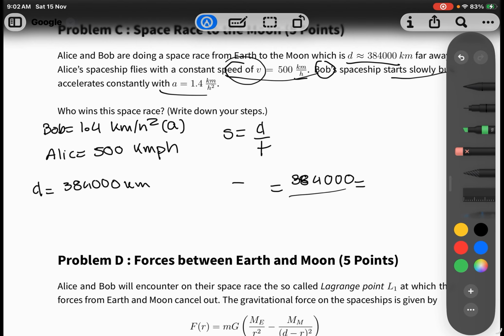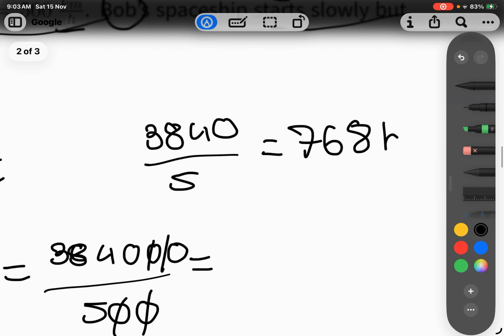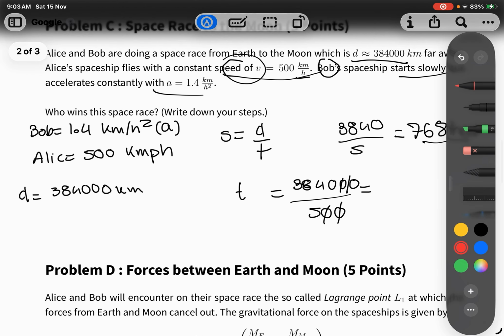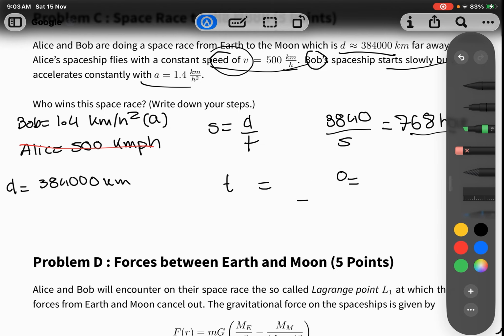After rearranging, t is equal to 384,000 by 500, so these cancel out and we're left with 3840 divided by 5, which is 768. So 768 hours it will take Alice. Okay, so we have done Alice. Now we need to find Bob's.